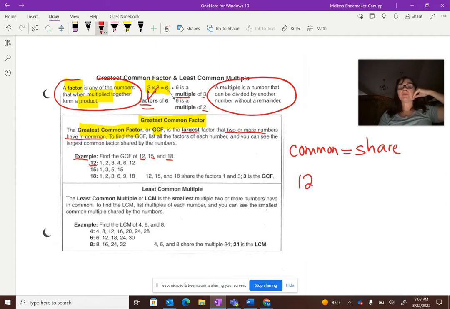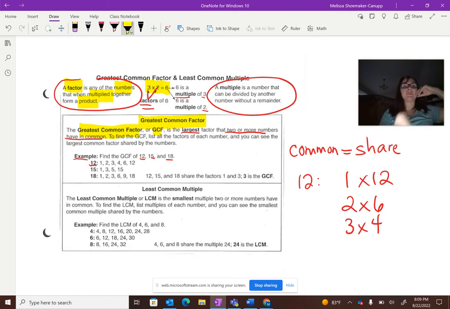So maybe when you first start, your list looks more like this, and it takes you a while to get it. That's okay. What's important, if you take a look at how they have it organized, they have it in order from smallest to largest. Okay, so I can go from here and make that list from smallest to largest. That's okay. That's a strategy that you can use.